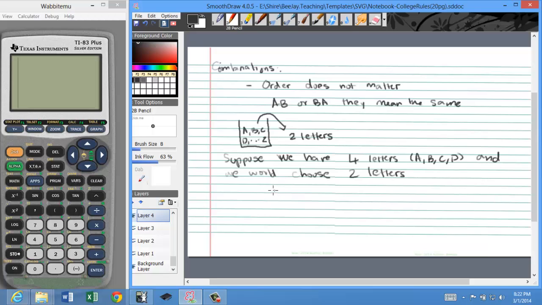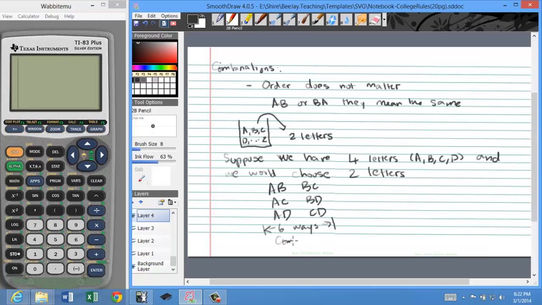So in this scenario, I could pick AB, I could pick AC, I could pick AD, I'd have BC, BD, and CD. That's it. I have 6 possible ways in this scenario.